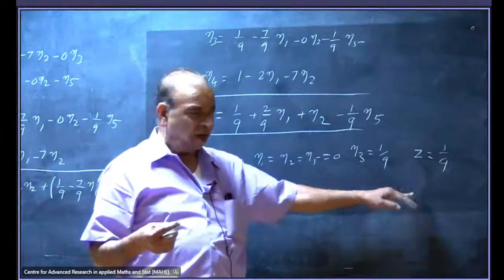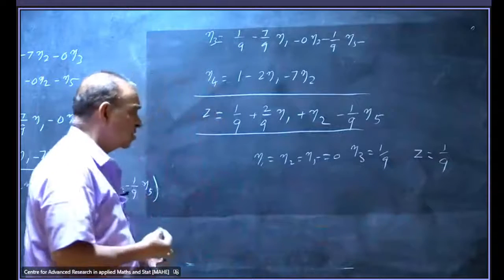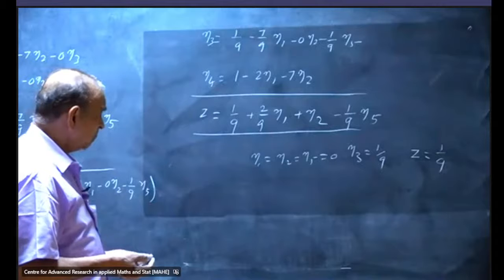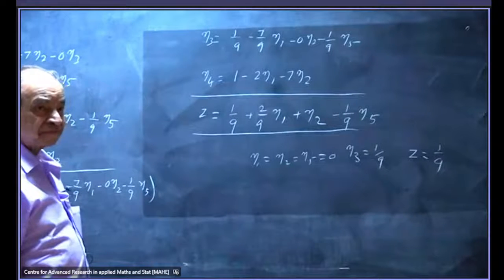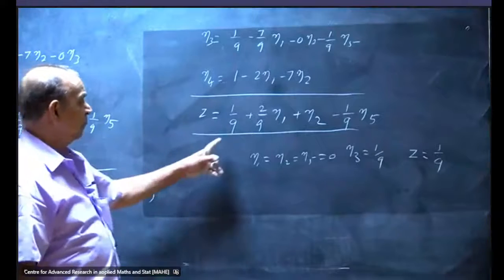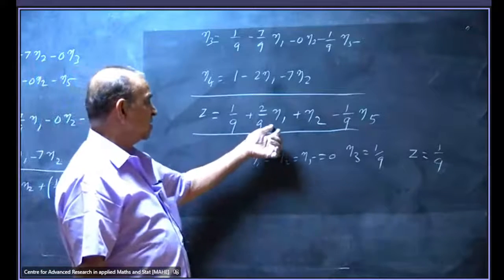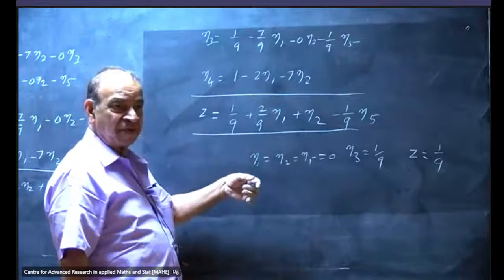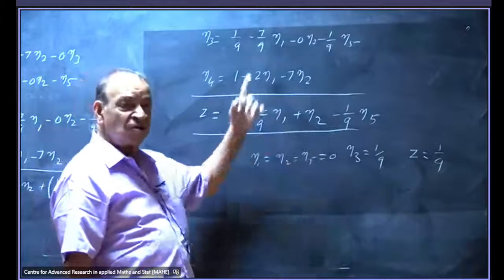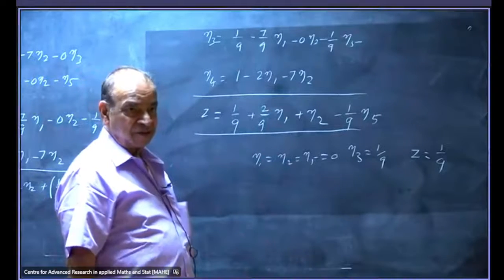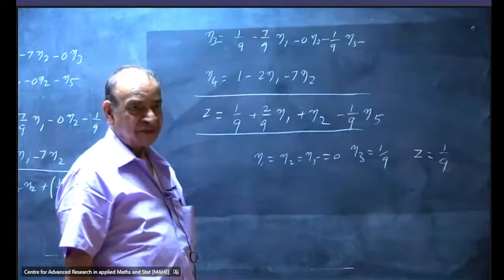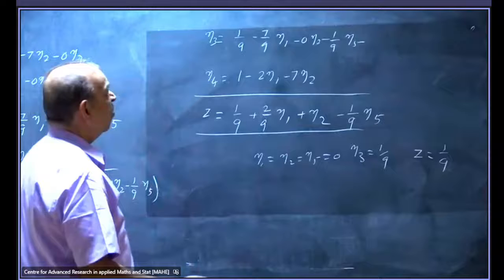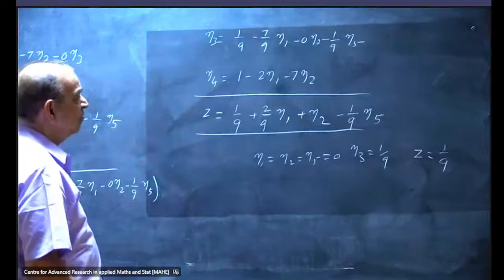Agree? Now our question is, can I improve further? For example, if I increase eta 1, this will improve. Or if I increase eta 2 also, it will improve. I am going to try eta 2. Okay? So how far can eta 2 go?